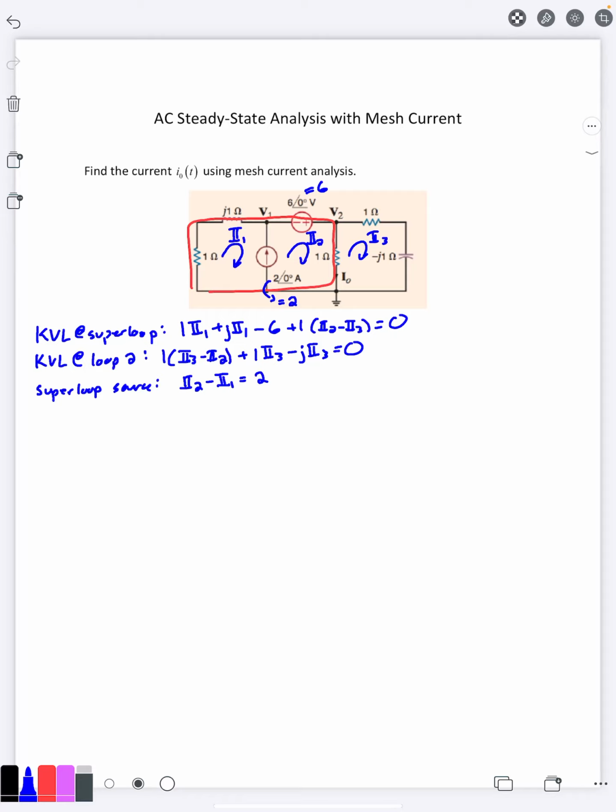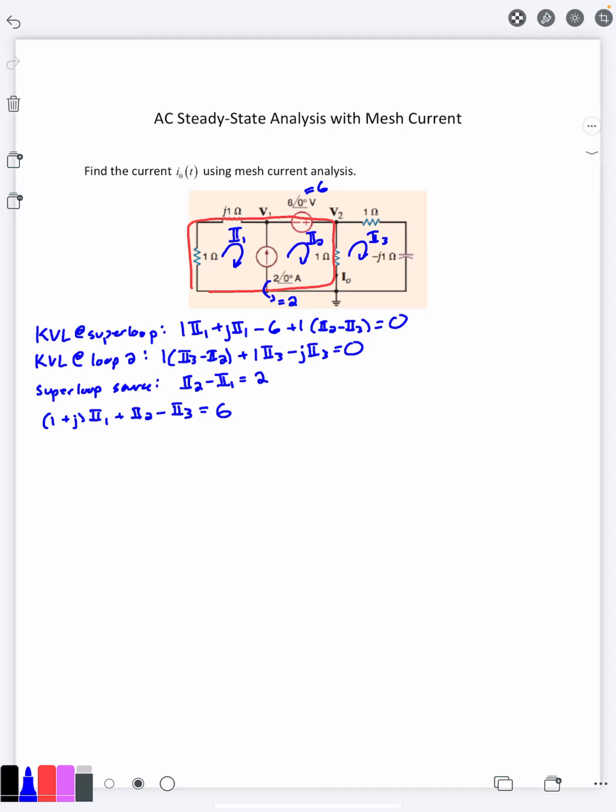So here's our system of 3 equations. I can go ahead and write it out a little bit nicer here in maybe standard form. So for the first one, I will have 1 plus j I1, gathering together the terms, plus I2 minus I3 is 6.